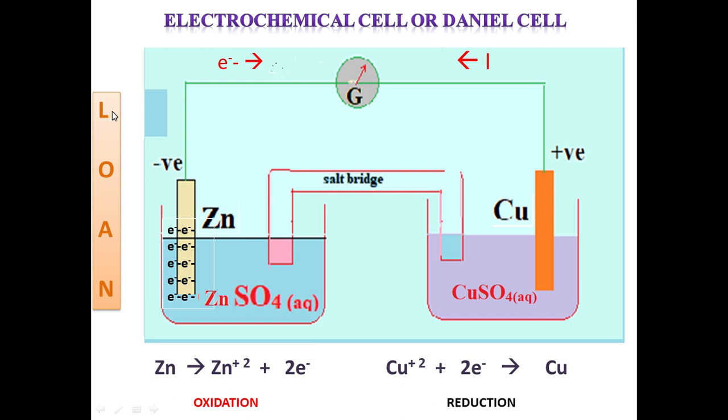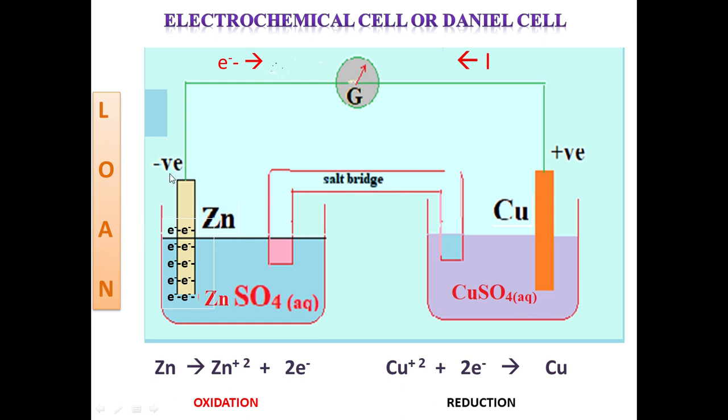So L for left, O for oxidation. You can see that in the left half cell an oxidation process is carried out. So left oxidation, and you know that the electrode where oxidation is carried out must be the anode.